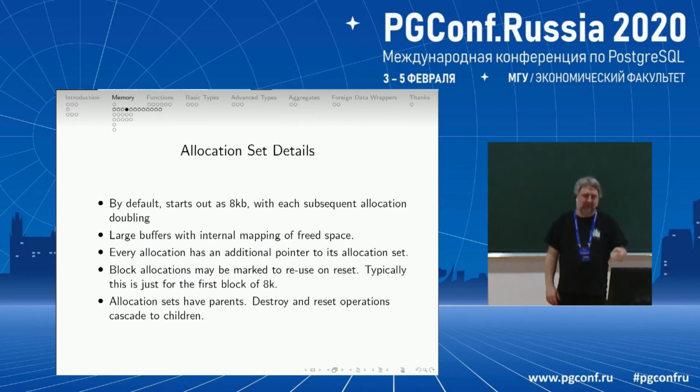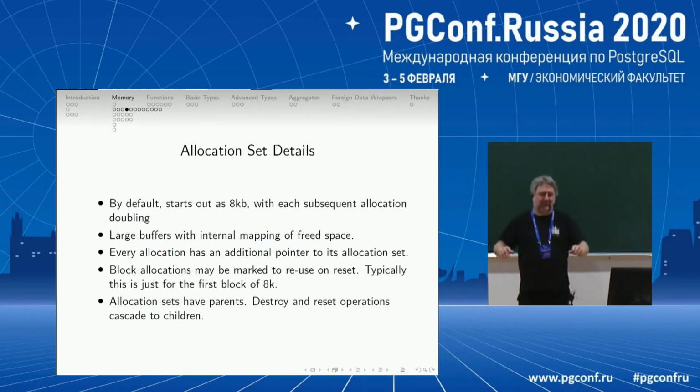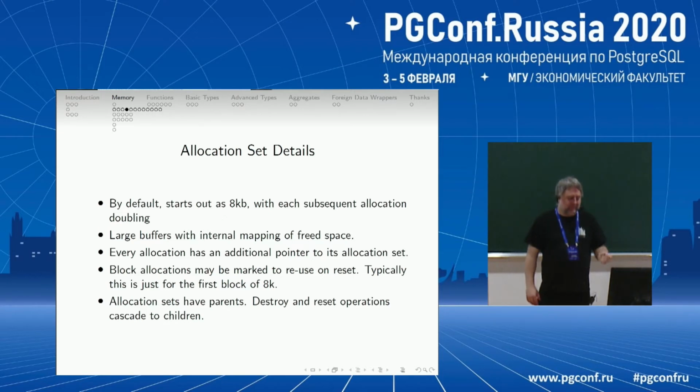This is one reason why double pfree can be a problem. Allocation sets can have parents, so they exist in a tree structure. Okay? If you destroy or reset an allocation set, this cascades onto all children. Does that make sense so far?